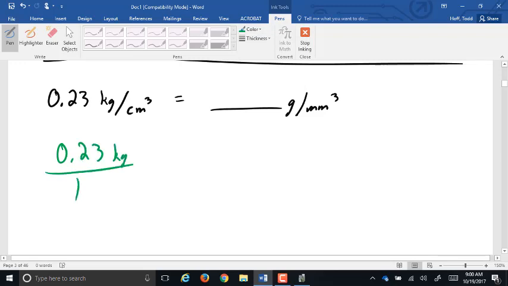You put it as 0.23 kilograms over 1 cubic centimeter. Now, because this is metric, we do not have to use the conversion factors. We're just going to translate. Kilograms are changing to what? Grams, right? 0.23 kilograms is how many grams?